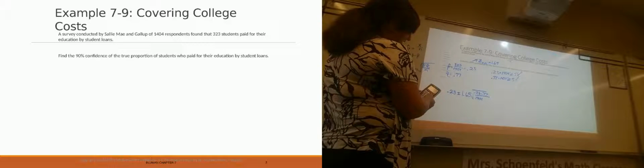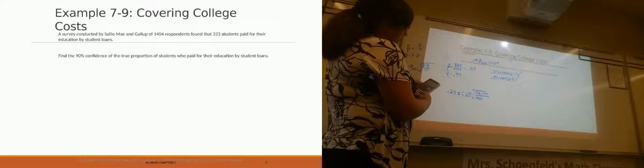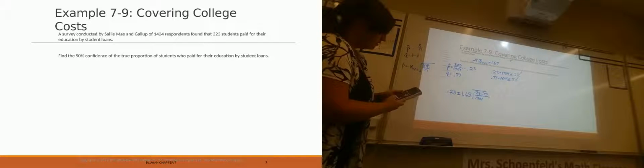Now you're taking your calculator. 0.23 times 0.77 divided by 1404. The square root of that number, and then times 1.65.